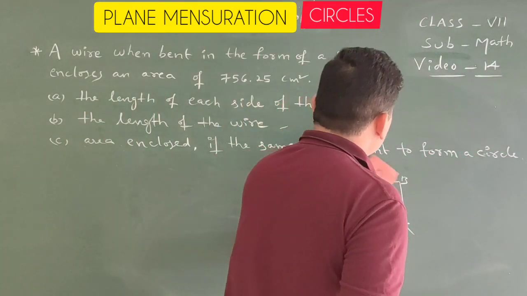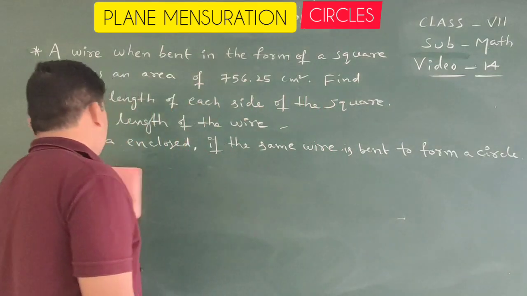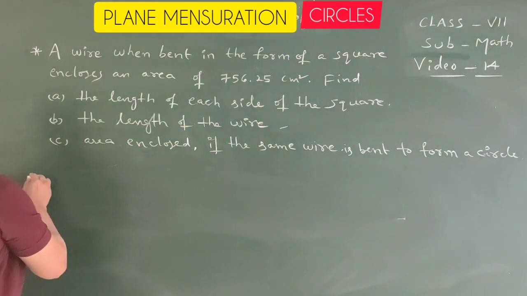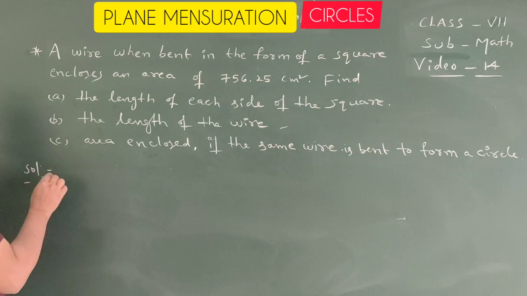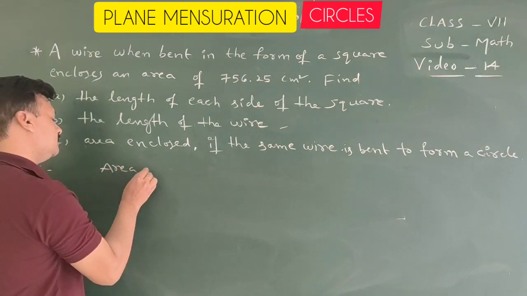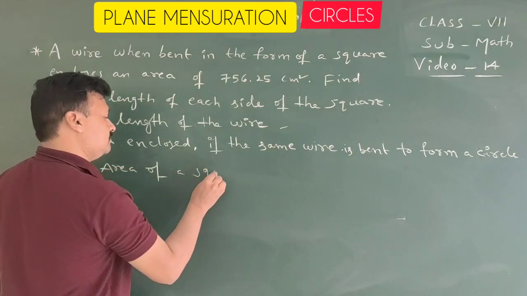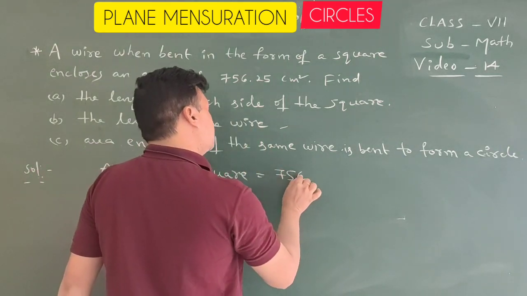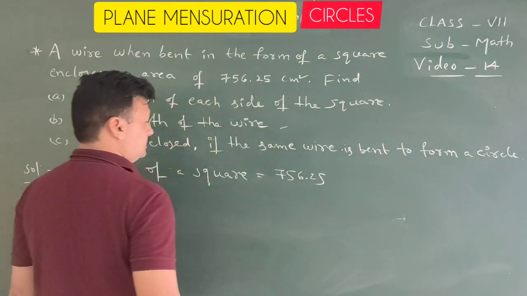Important. If you have a wire, first of all, the wire is bent in the form of a square and its area is given. So first one, area of a square is 756.25.